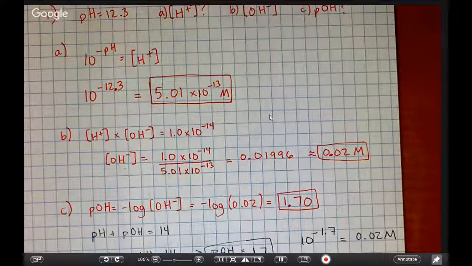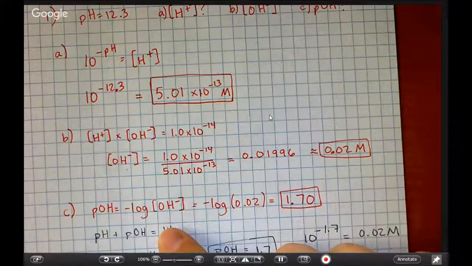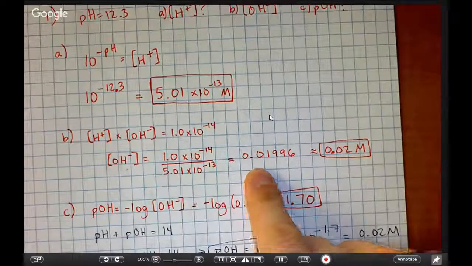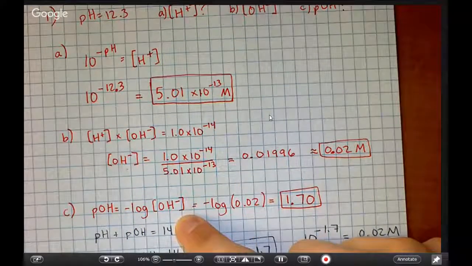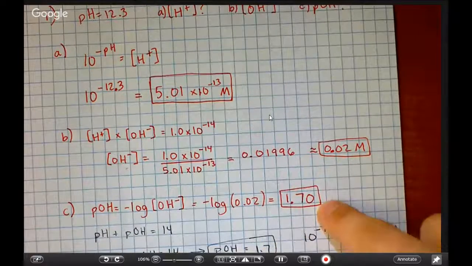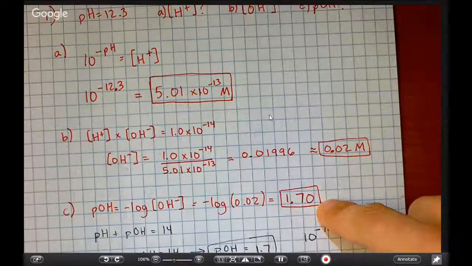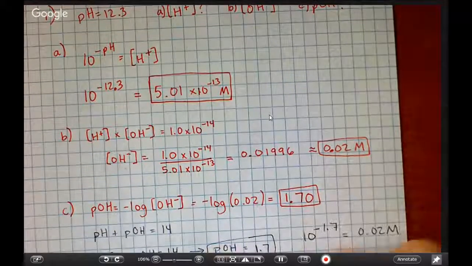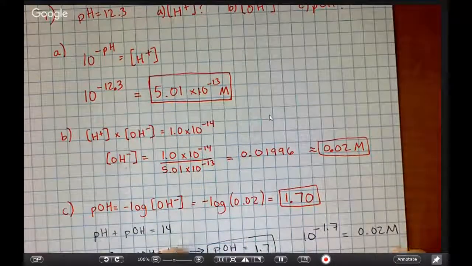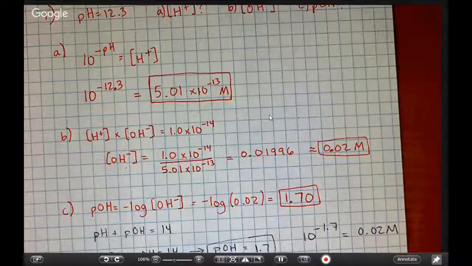And then for C, to find the pOH, one route we can take is to take our hydroxide concentration from B and plug it into the negative log to get pOH, which is 1.7. Or we could have done pOH from pH, where pH and pOH together equal 14, which also gets us a pOH of 1.7.